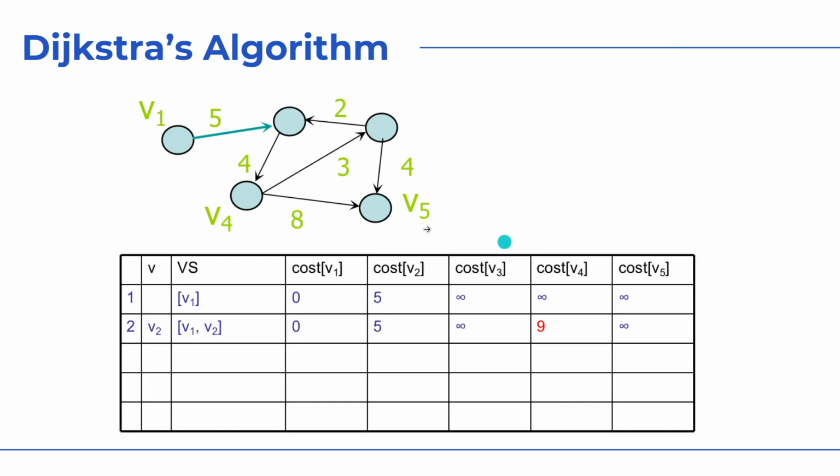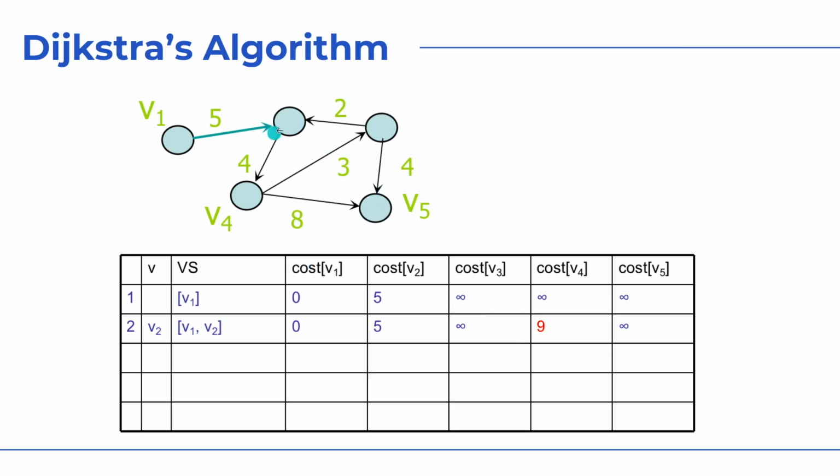Next, our only possibility is that we can enter vertex V2, and so V2 gets added to the cloud here. At this moment, vertices V1 and V2 are marked as visited. Now we compute the distance of the vertices that are reachable from the start vertex.